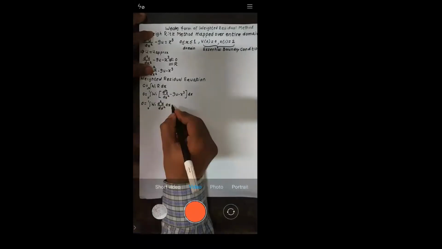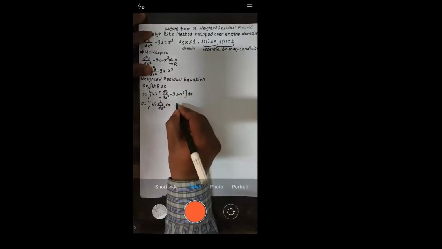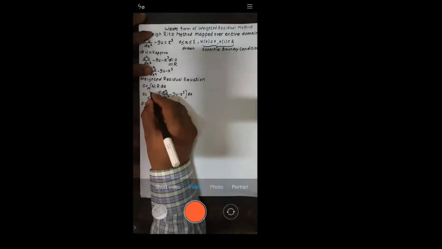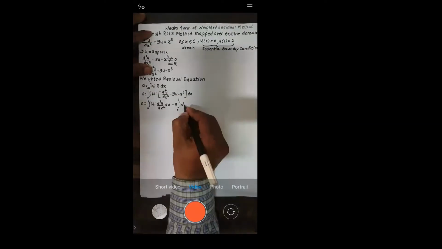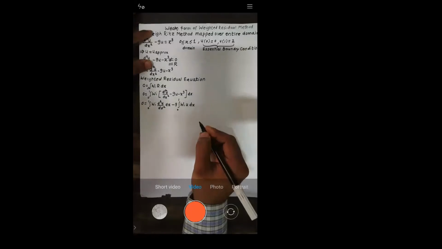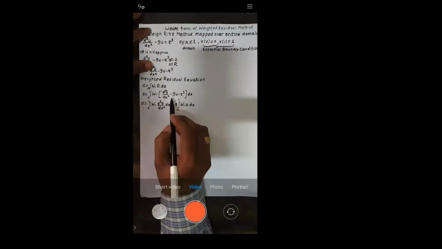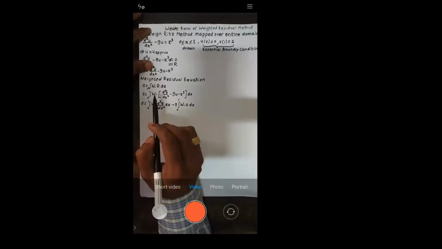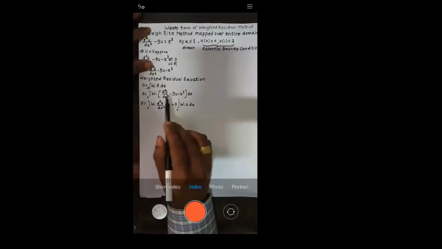Minus 9 is a constant value, I will take it out of the integration: minus 9 integration 0 to 1 wi into u into dx. Is it okay? So 9 is constant, so I will take it out of the integration. What is remaining? Integration 0 to 1 wi into u into dx, right?